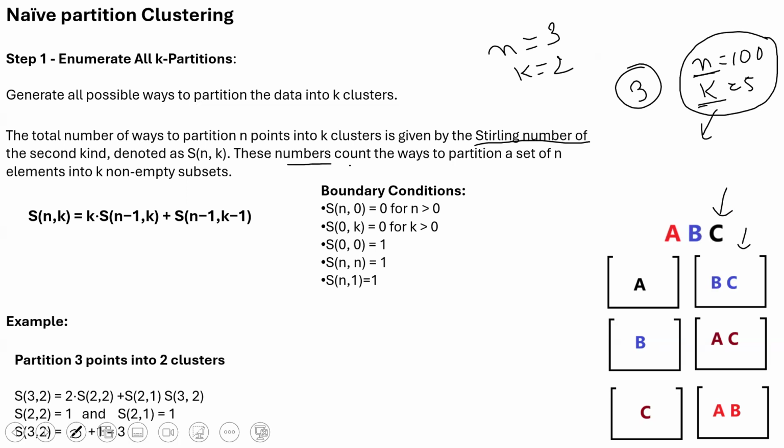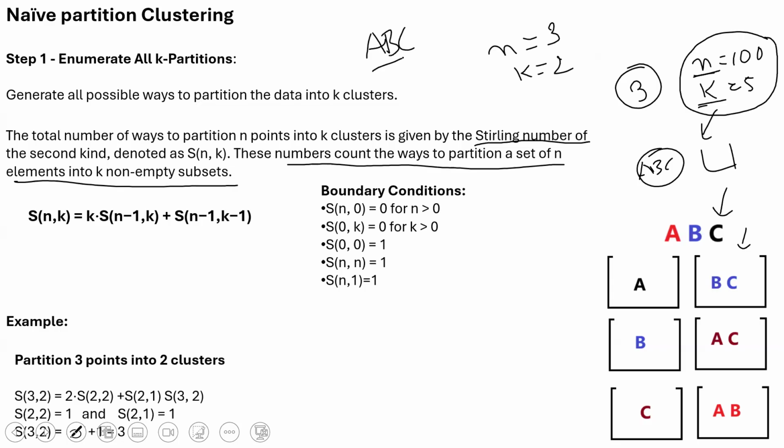These numbers count the ways to partition a set of n elements into k non-empty subsets. You understand this, k non-empty subsets. There is also one possibility of ABC falling into one cluster, and another cluster which is empty. This is also a possibility with ABC. But the Stirling number of the second kind will only give non-empty subsets, because this non-empty in this case is only one, right?